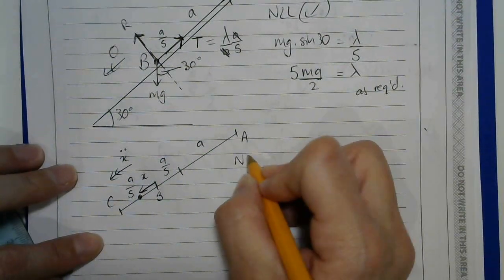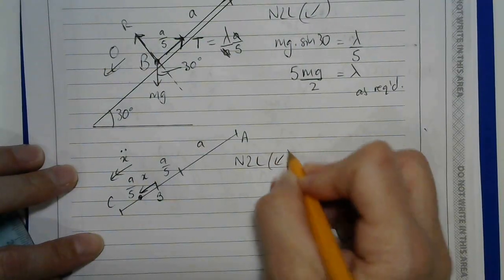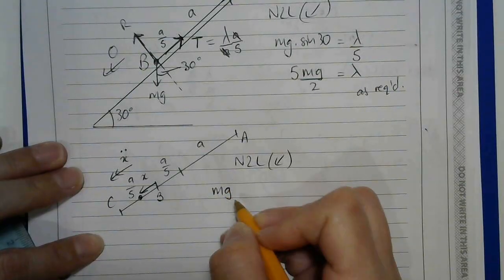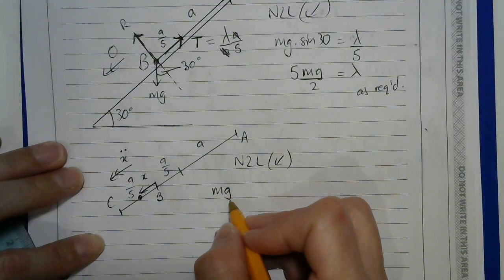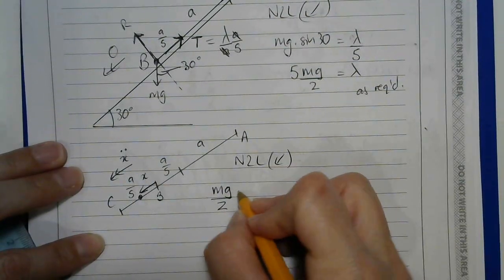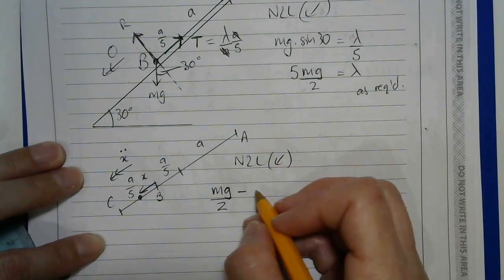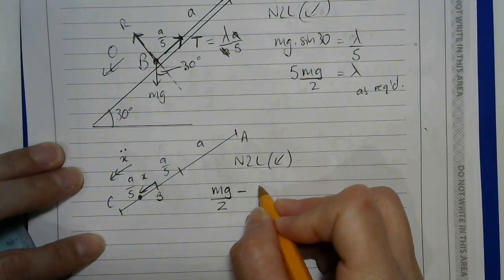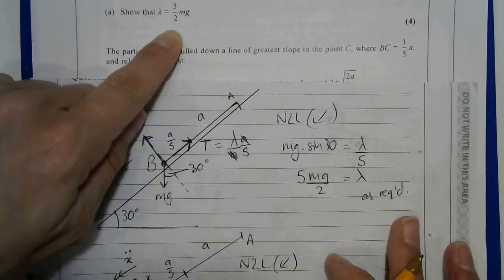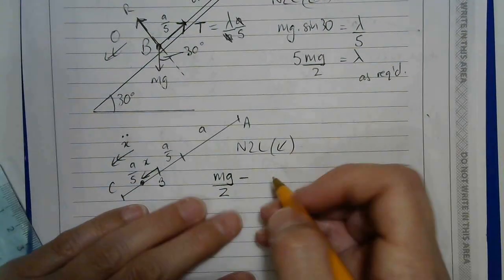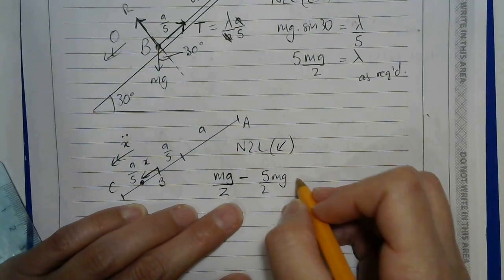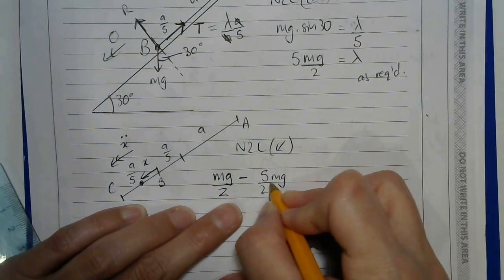So doing Newton's second law down the slope, just as before, I have the weight multiplied by sine of 30, which is a half, and I end up with, going up the slope, lambda, which they told me was this, 5 over 2 mg, multiplied by the extension divided by the natural length.